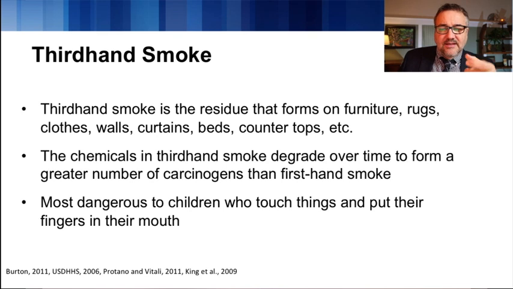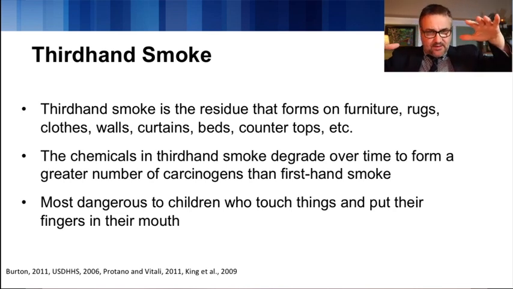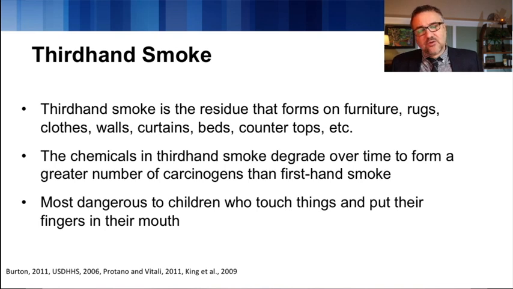Third-hand smoke is an interesting term that I think is worth knowing, and that refers to residue that forms on furniture, walls, curtains, beds, whatever, in a home where people are smoking. The particulate matter from smoking, when it's in the air, eventually drifts down and lands on things. In the home of a person who's smoking, especially if they have white walls, you can see a slight yellowy brown patina that develops on those walls.